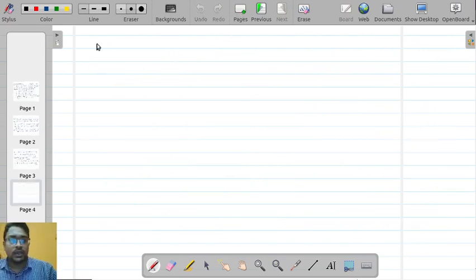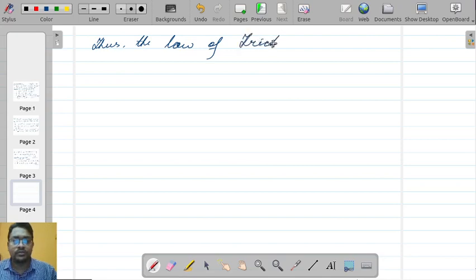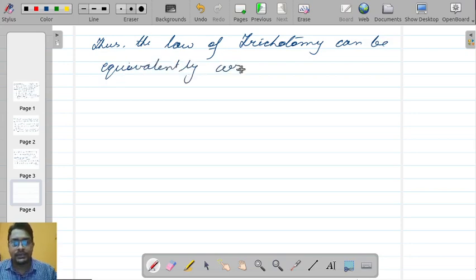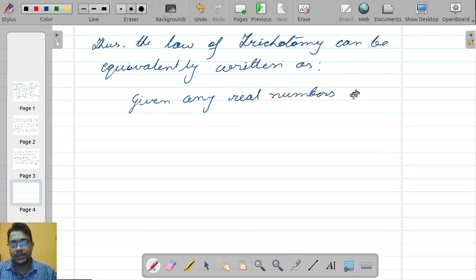Thus, the law of trichotomy can be equivalently written this way: given any real numbers A comma B, only one of the following is true.